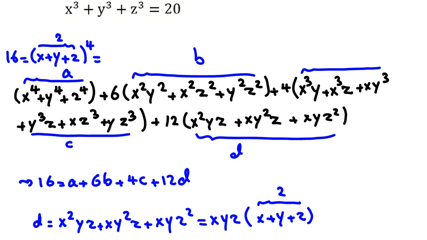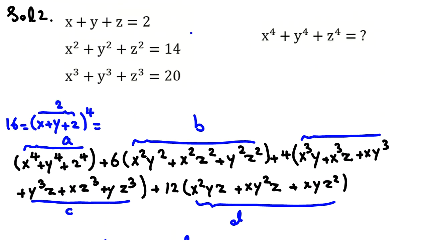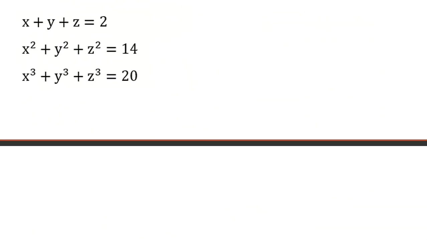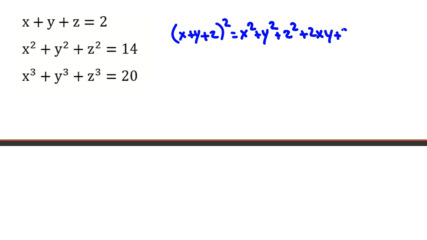For calculating xyz, let me tell you another thing. At first, I want to calculate xy plus yz plus zx. Like the first solution, I say (x plus y plus z) squared, from the identity I told you in the beginning of the video, equals x squared plus y squared plus z squared plus 2xy plus 2yz plus 2zx.